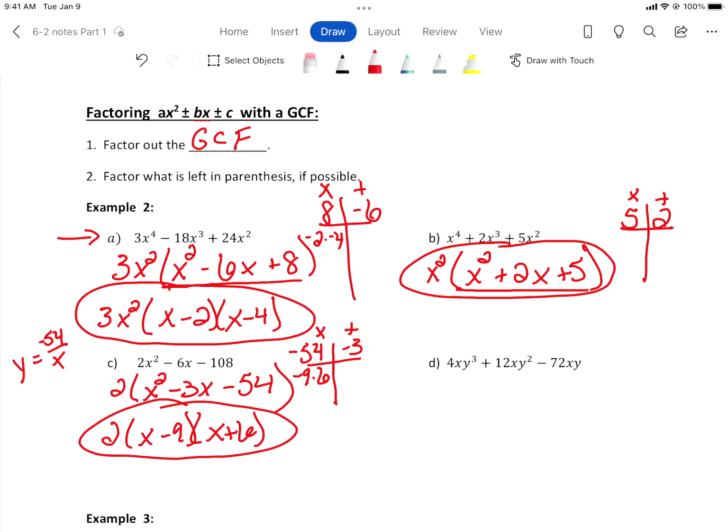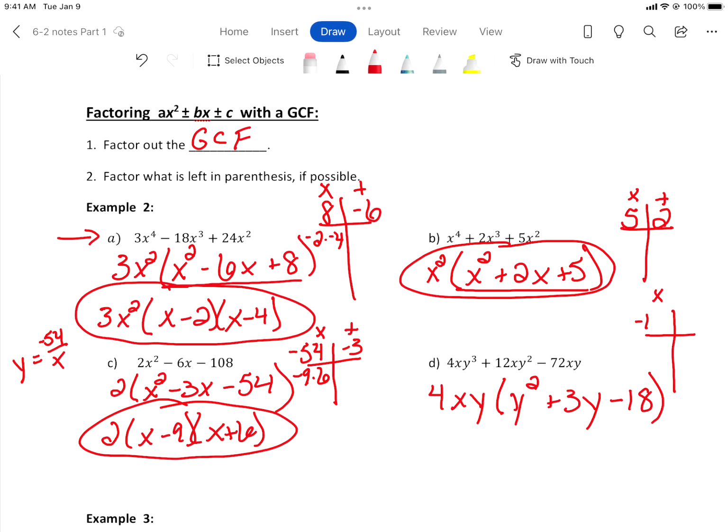How about part D? What can we factor out of that? A 4 and an xy, yes. Take out a 4xy, I'm left with y squared plus 3y minus 18. So check to see if I can factor any more.